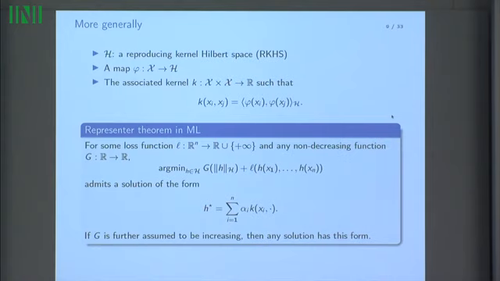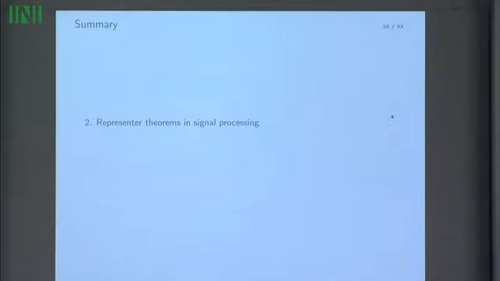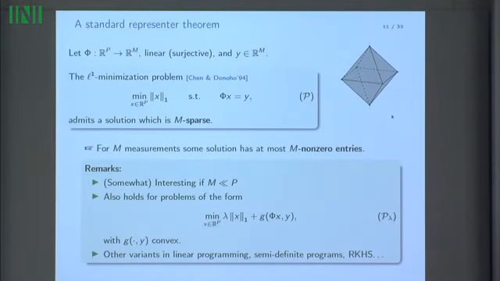Okay, so this is a standard statement for representer theorem in machine learning, and actually we want to extend it to more general convex optimization problems. But before doing so, I'm pretty sure that you already know representer theorems in some convex problems, and in particular in signal processing. So if we look at the basis pursuit problem in the vector case, I want to reconstruct a sparse vector. I have access to some measurements y.